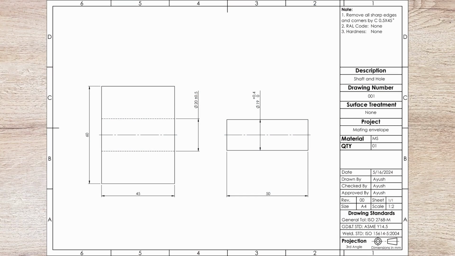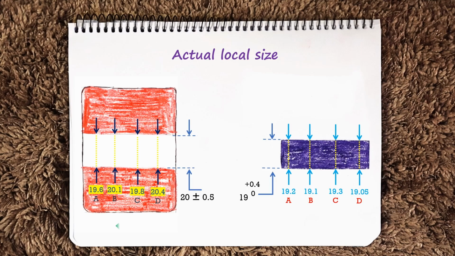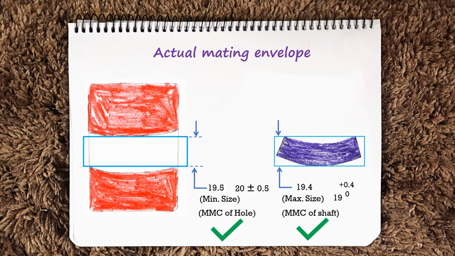But here, how can we define these actual mating envelopes in our manufacturing drawings, how can we instruct that this mating part should not only pass the actual local size measurement, but also should pass the actual mating envelope measurement?